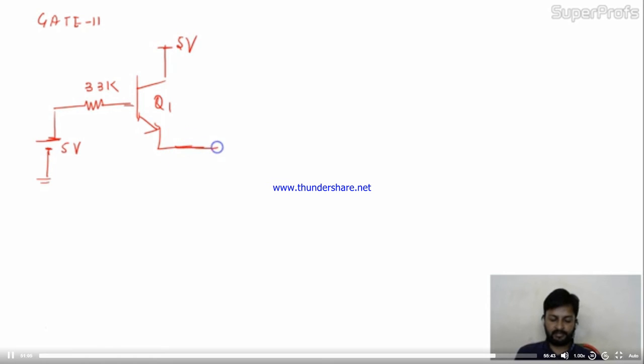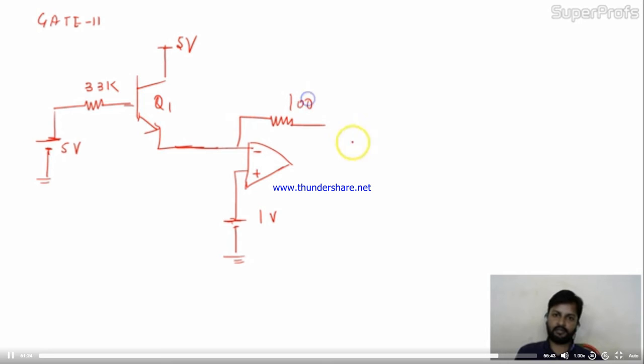This is an application of op-amp and BJT that we are using over here. This is minus, plus, over here 1 volt. This one is 100. Here V naught.